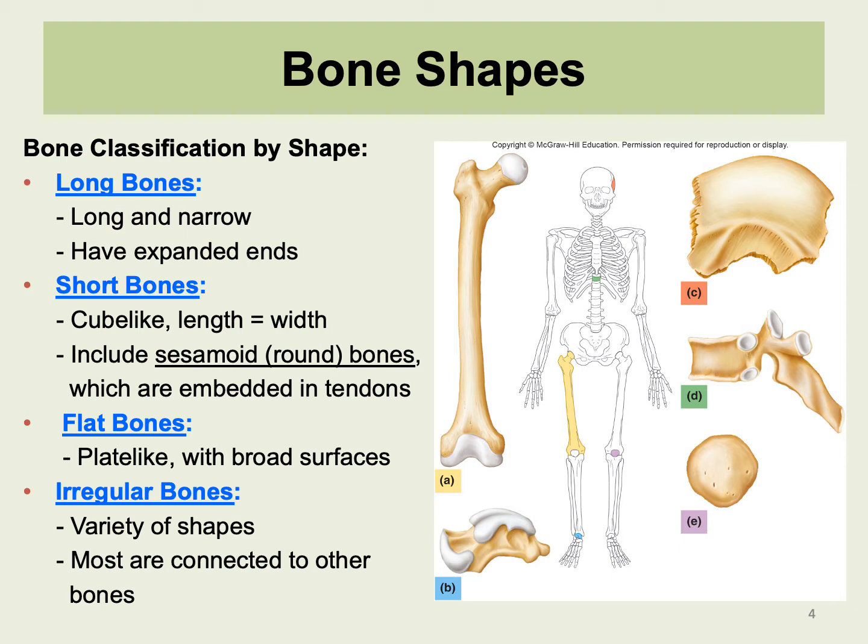Short bones are cube-like, their length and width almost equal. A good example are the tarsal bones, which are short bones that form the ankle, or the carpals, the short bones that form the wrist. Some authors include the sesamoid or round bones with the short bones as well, but some authors make another classification as sesamoid bones.